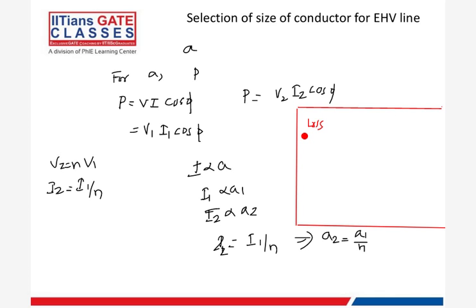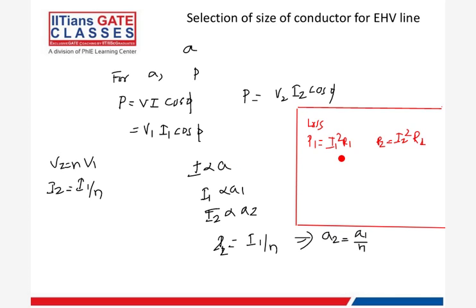P1 is I1 square R1 and P2 is I2 square R2.